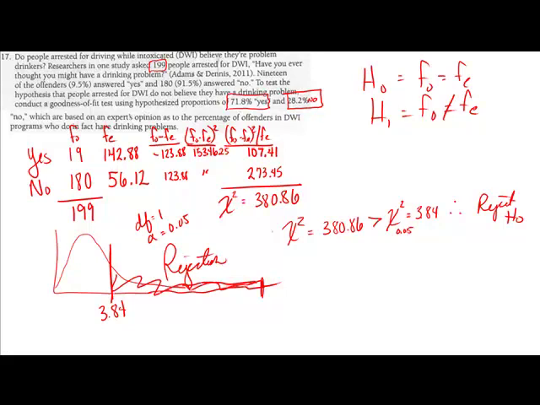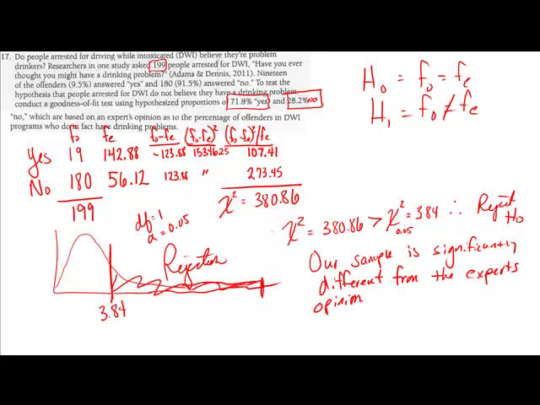So our sample is significantly different from the expert's opinion. So if your hypothesis is that people who get DWIs don't think they have a drinking problem, then you would be correct.